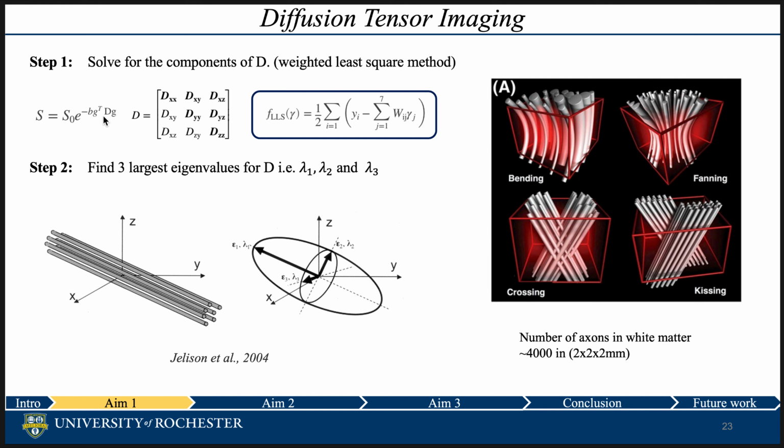And we are essentially solving for this D matrix. When we have this D matrix, by using the weighted least square method, we can decompose it into its principal eigenvalues and eigenvectors. When we have the three largest eigenvalues, we can represent that as a 3D ellipsoid that can explain our fibers in the brain tissue.